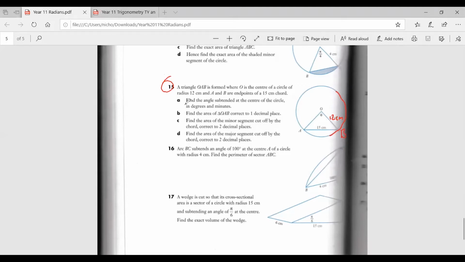Is 15A 5 on 4 radians? 15A, 5 on 4 radians. 15A, it asks for it in degrees and minutes. Oh, right.